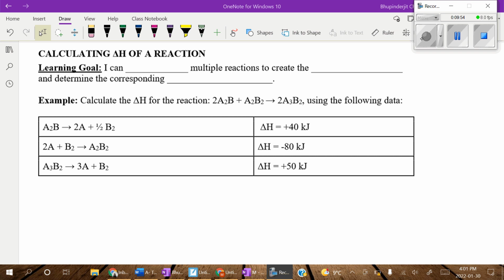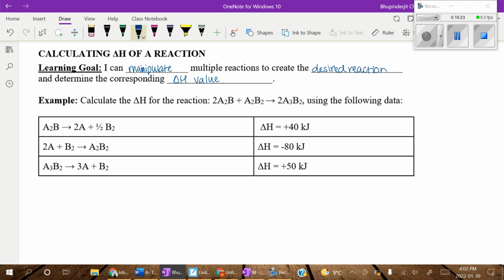Okay, let's do an example. So, for example, I'm going to say I can manipulate multiple reactions to create the desired reaction and determine the corresponding delta H value.